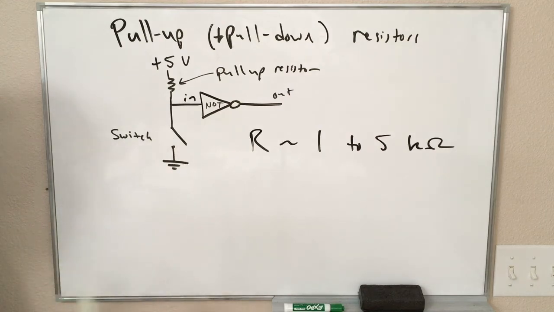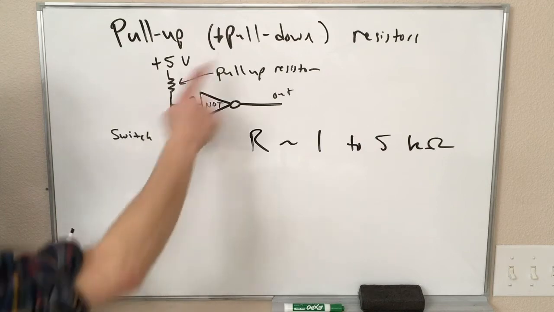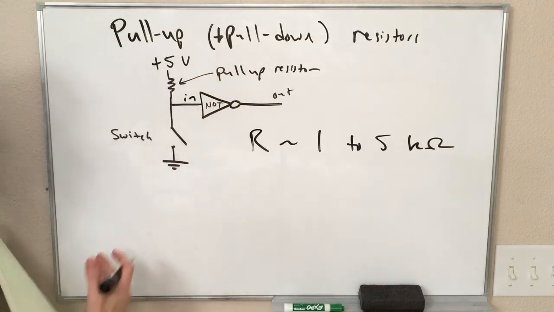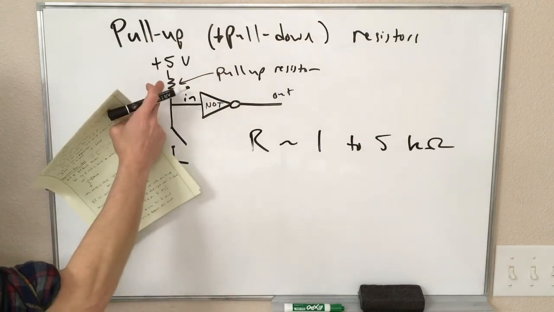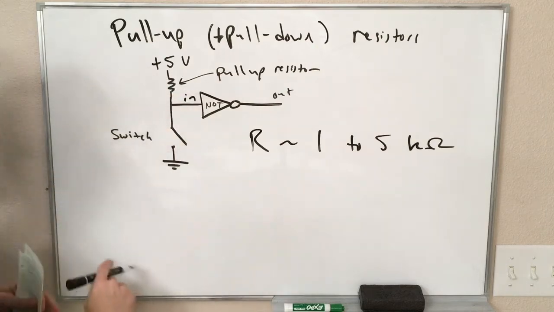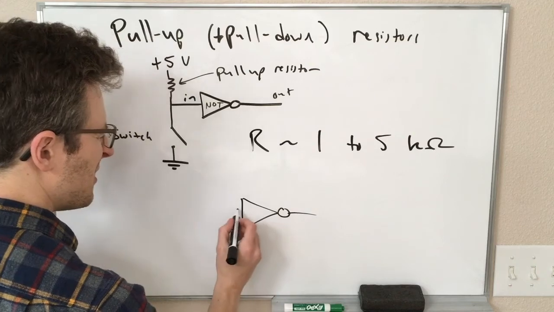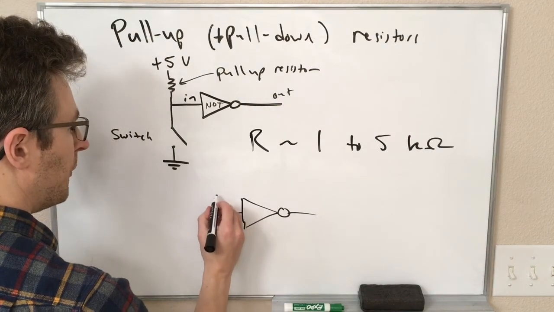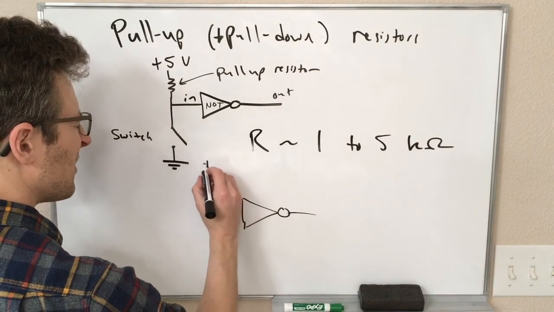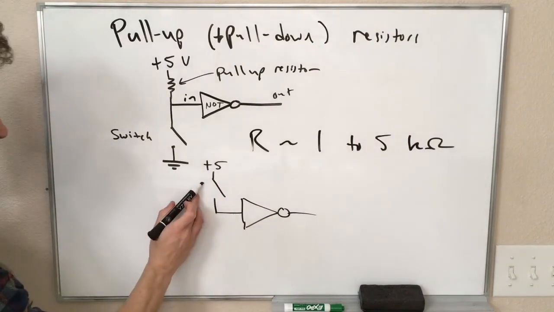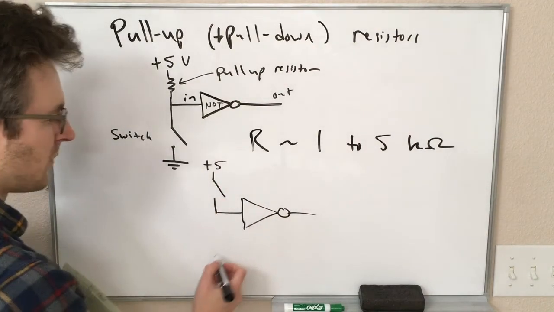All right, cool. You can also do the opposite, so that's a pull-down resistor. Instead, if you wanted the switch to connect your plus 5 volts to the input, you could also have something like this. So here our switch is connecting plus 5 volts to the gate.